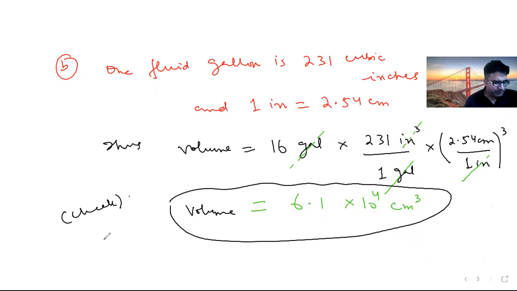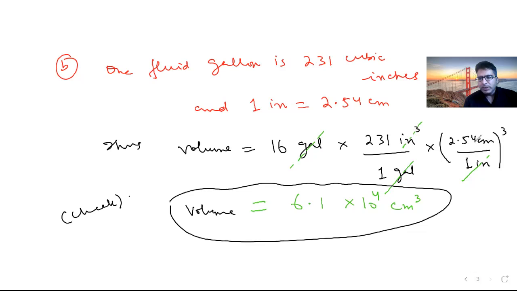You need to note in these calculations how the unit conversion factors are inserted, how we inserted unit conversion factors so that we use these conversion factors in order to remove unwanted units and get the desired units. See here, I multiplied this by 1 so that I can get rid of this gallon. Then I wanted to get rid of this inch cube.